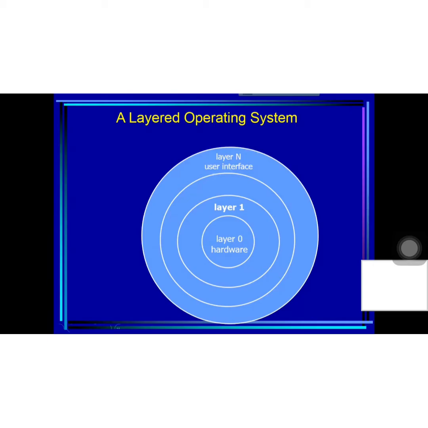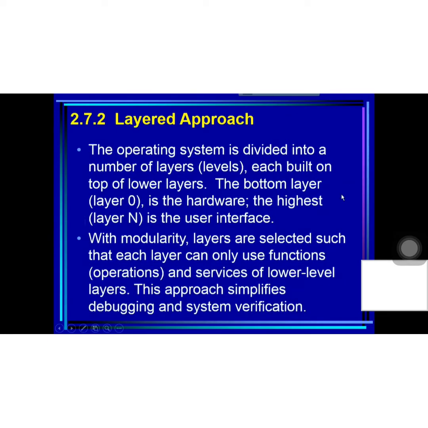An operating system layer is an implementation of an abstract object made up of data and the operations that can manipulate those data.